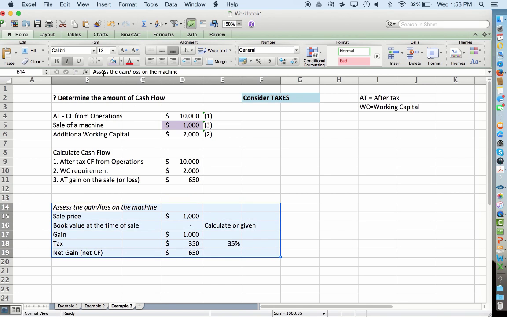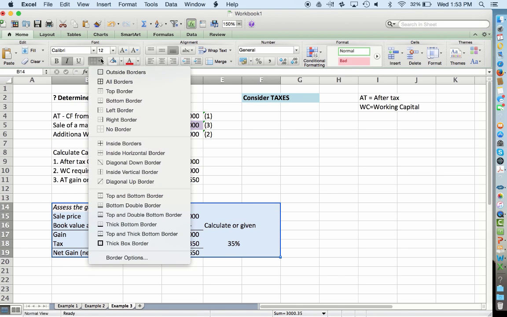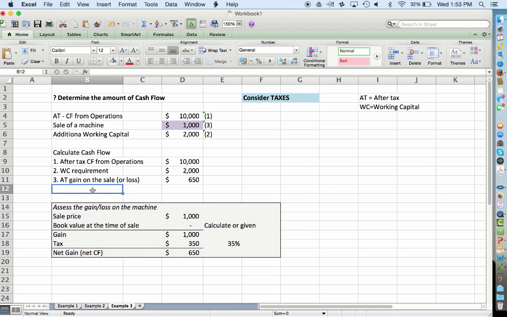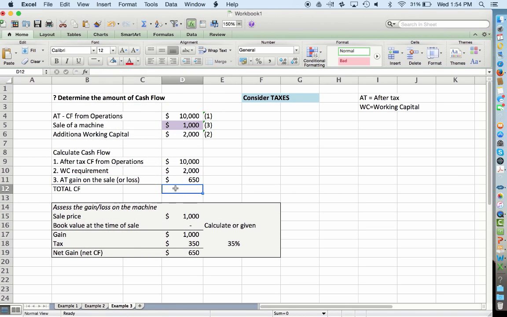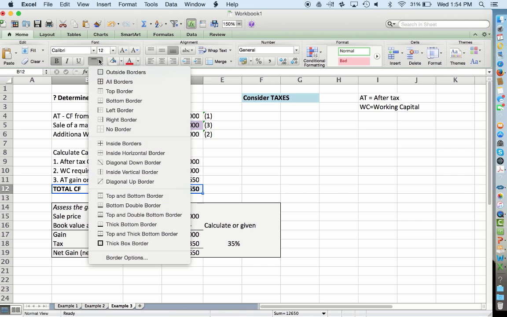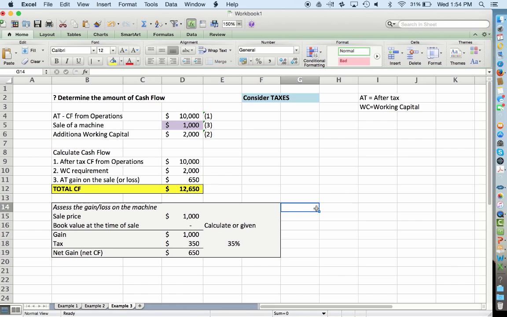Right, and then I can figure out my total cash flow by adding up items 1, 2, and 3. And there's no fancy formula here. So in the first year, if we were working on this, we would maybe have total cash flow of $12,650. And it would come from 3 different things.